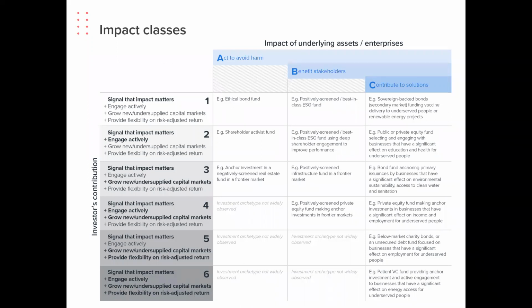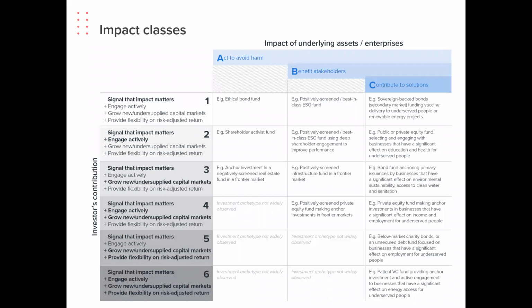So within signal and benefiting stakeholders, we have an ESG fund that's positively screening and targeting best-in-class businesses that are benefiting their multiple stakeholders. And then in contribute to solutions and signaling and engaging, we have a private equity fund that is selecting and engaging businesses that are generating significant effect on health and education outcomes for underserved people, for example.